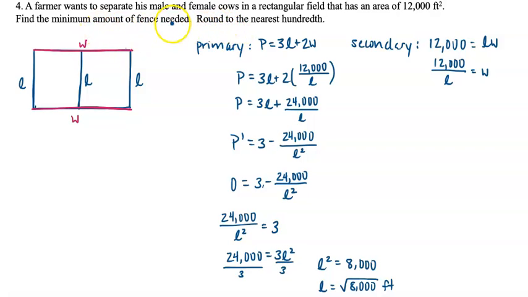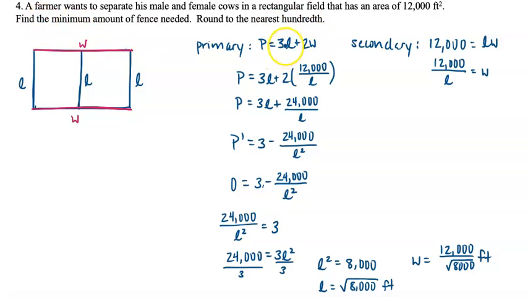I want to find the minimum amount of fence needed. So because this isn't my last step, I'm going to leave this as is, so I can get a more accurate width. And so my width is equal to 12,000 divided by the square root of 8,000 feet. So I've got my length and width. The amount of fence, we said, is just this perimeter.